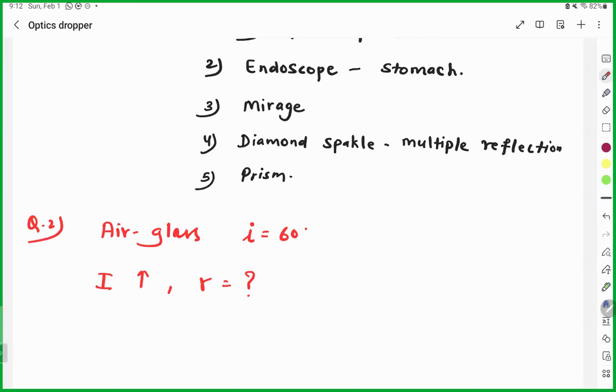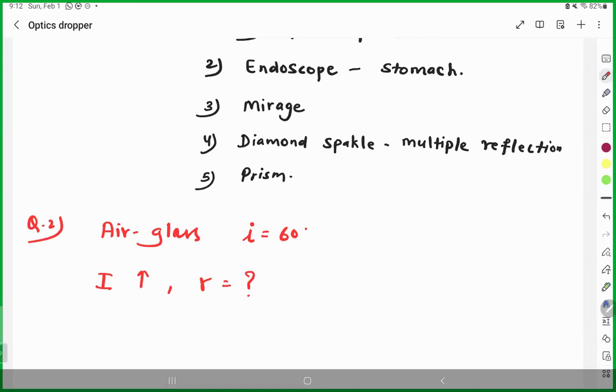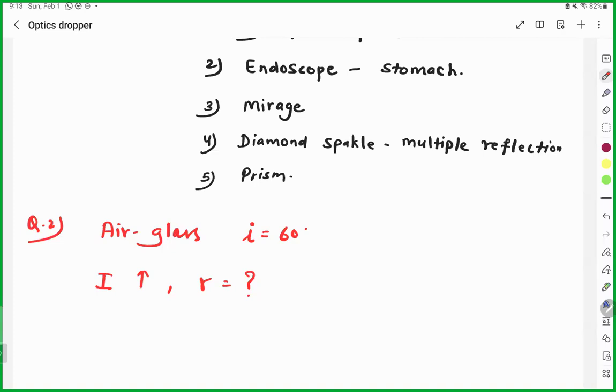Sir, I'm not sure. I think it'll increase, sir. It will increase. Tara, will it increase or decrease or remain same? Just a second, I'll answer, sir. Does it decrease? Tanya, will it increase, decrease, or remain same?